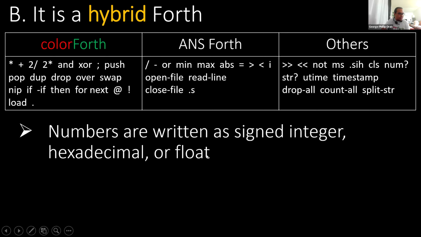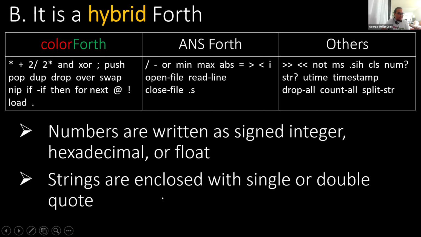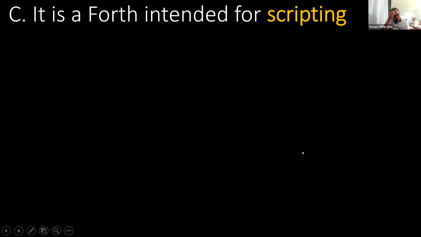Another reason is numbers are written as signed integer, hexadecimal or float, and strings are just enclosed with single or double quotations. Another is that kolorScript is intended for scripting, hence the name kolorScript.